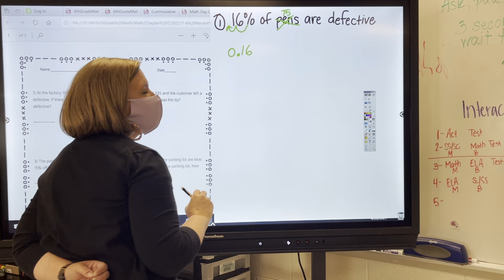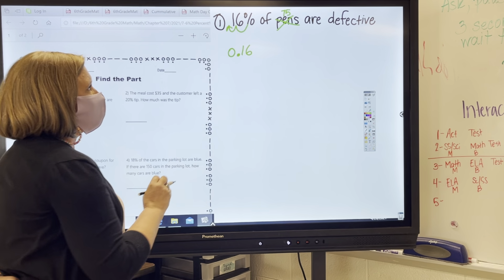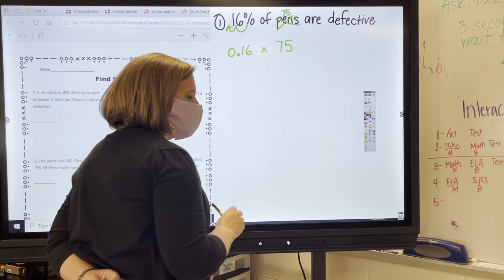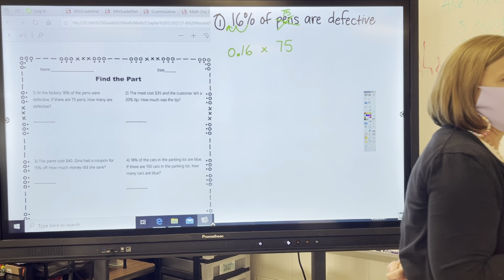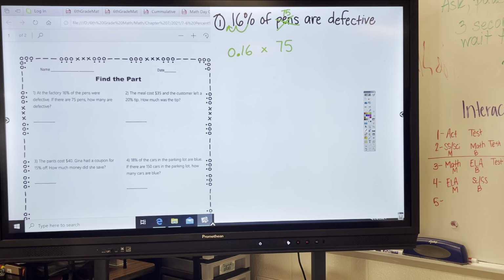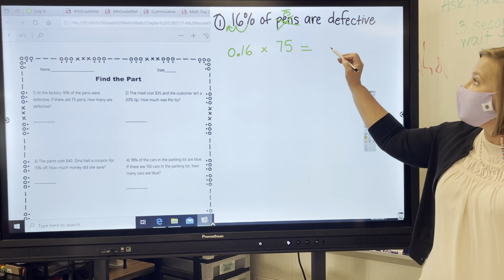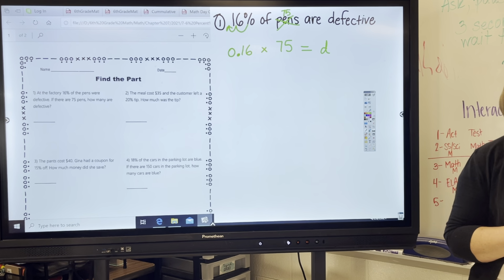What does of mean? Multiply. I've got 75 pens. What does is mean in math? Is, was, were. What do those words mean in math? Equals. And we don't know, so I'll put a D there for defective.